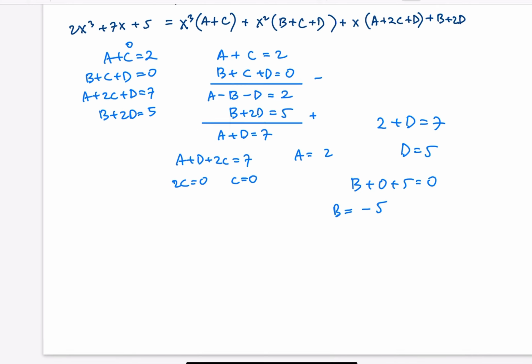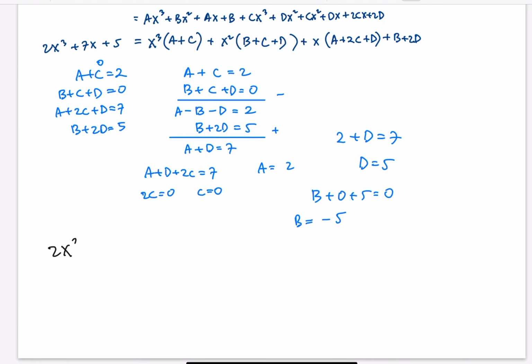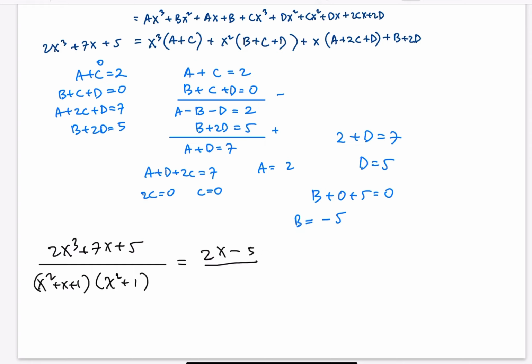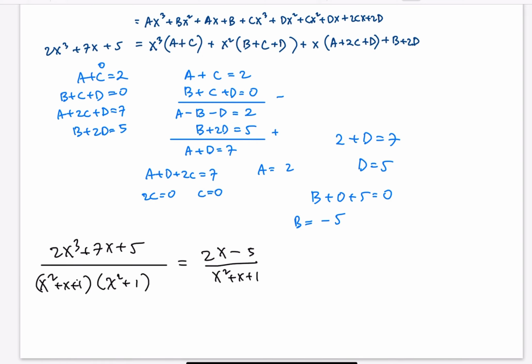Okay, so we will have 2x cubed plus 2x plus 5. Now this is the answer.